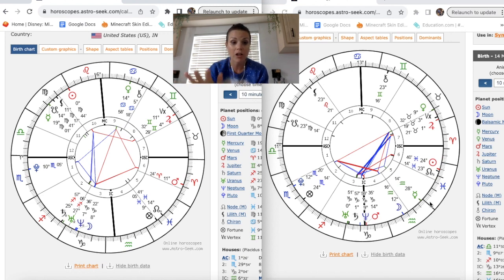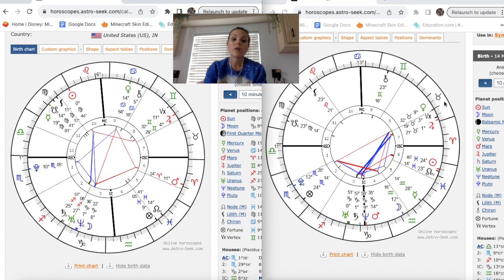We're not going to talk about all of them, but we'll talk about Venus next. We see Venus here in Cancer for person 1, and over here we see Venus in Taurus for person 2. And again, Venus is how we express love, how we express affection, and how we view our possessions.